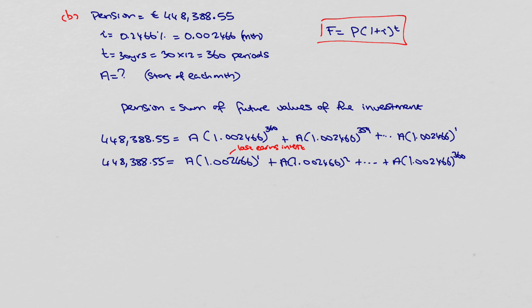And it's 1 because it went in at the start of the month. Okay, so we want to take out A as being common there. So we can see our geometric series.